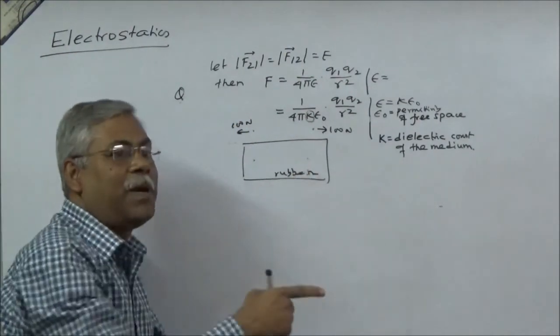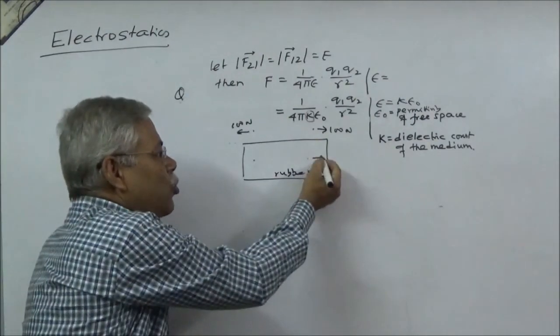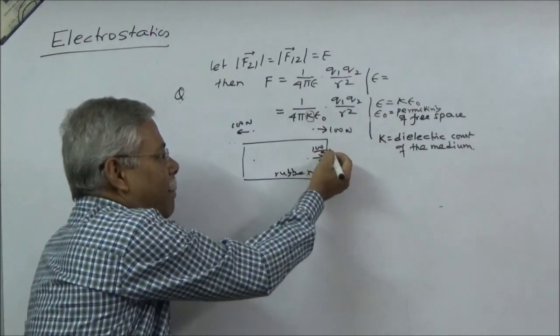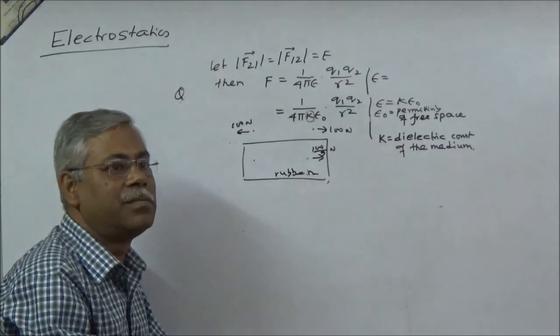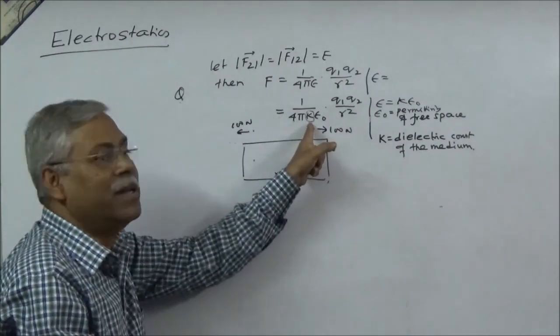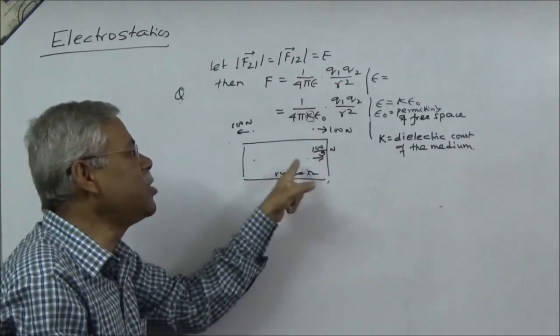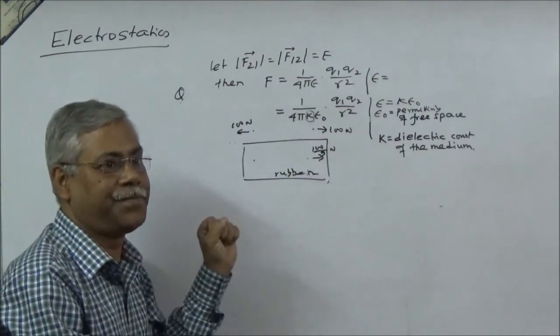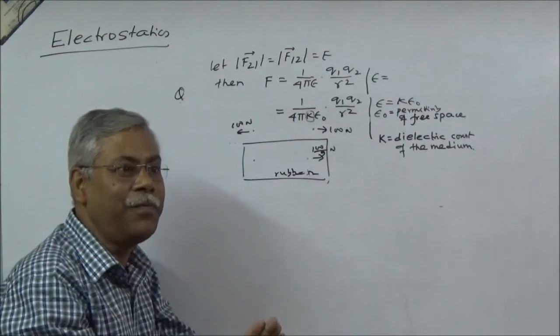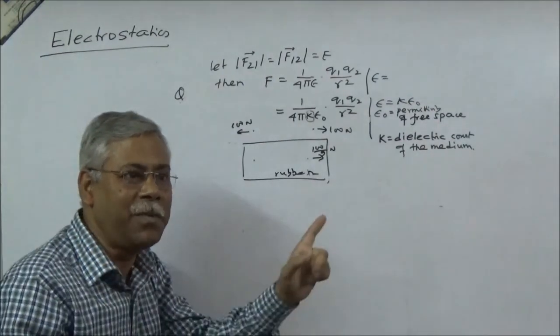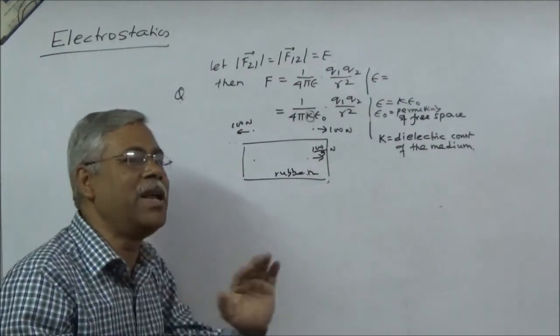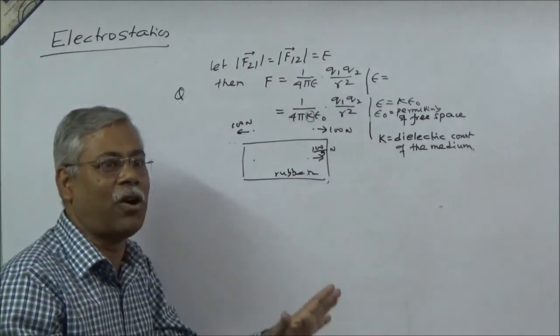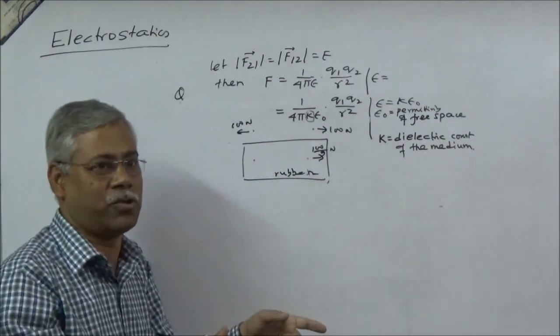Whenever the charges are placed inside rubber, the force will be 100 by 9 Newton. K is 9. If you place these two charges in mica, the force will be 1/7. That means in vacuum or air, the force is maximum. In a medium other than air or vacuum, the force is reduced.